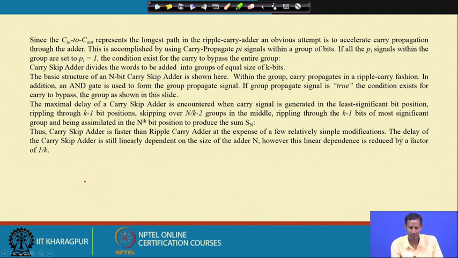If I say, the delay of the carry skip adder is still linearly dependent on the size of the adder n. However, this linear dependency is reduced by a factor of k. Okay. So, why is it reduced by this factor of k?